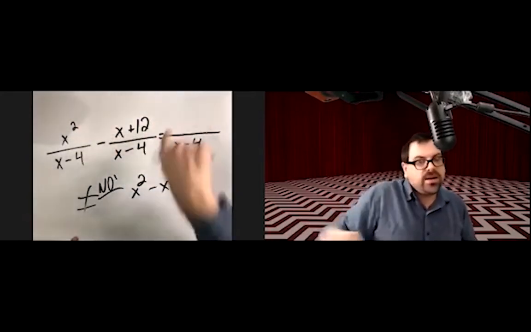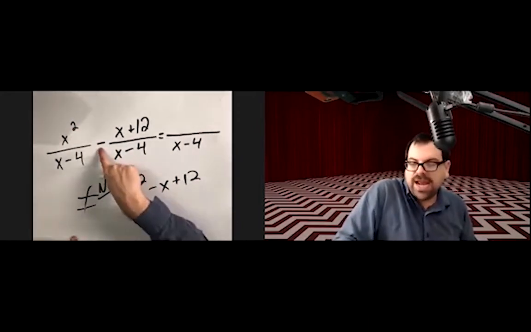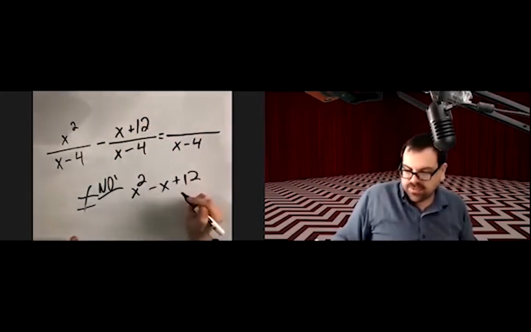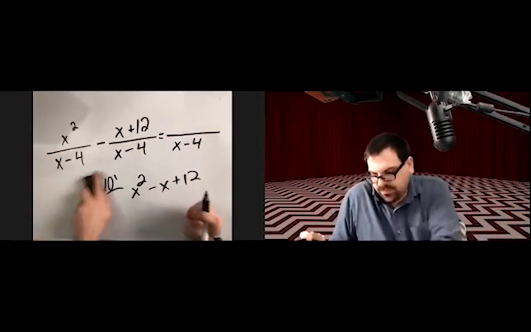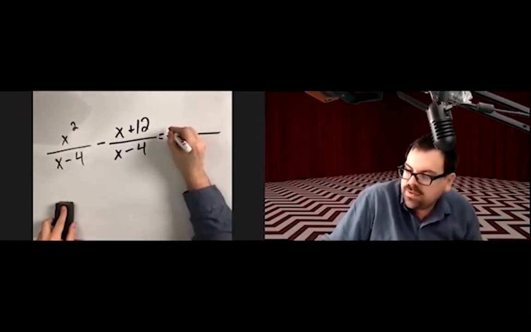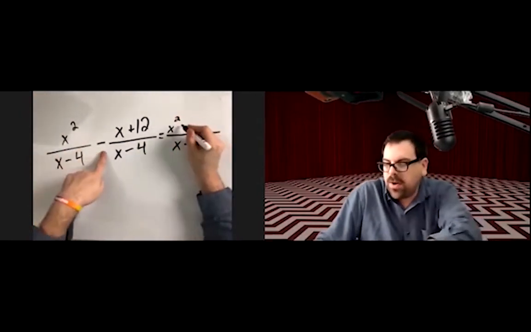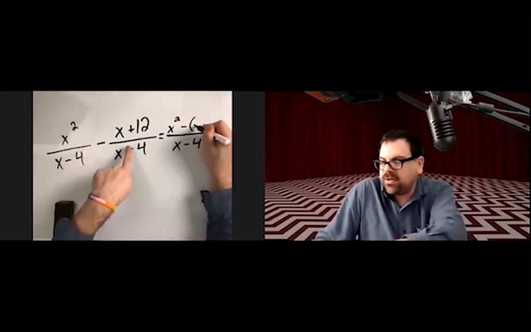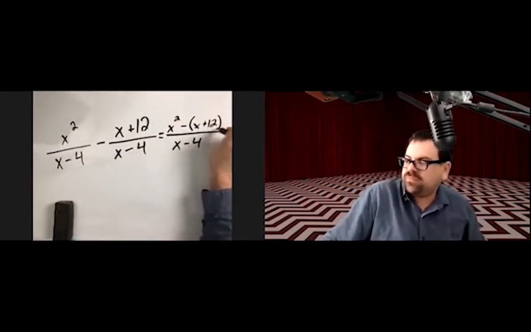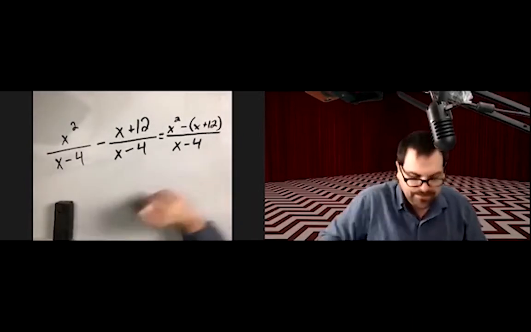Yeah, that's what you get if you write it all, but we are subtracting the entire x plus 12, which means we have x squared minus the entire x plus 12. Parentheses are required.